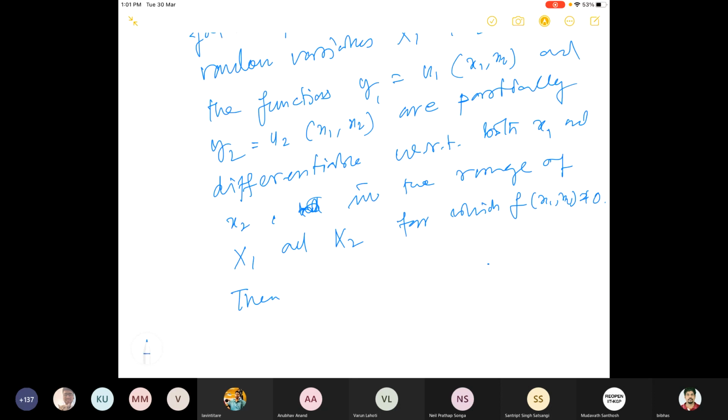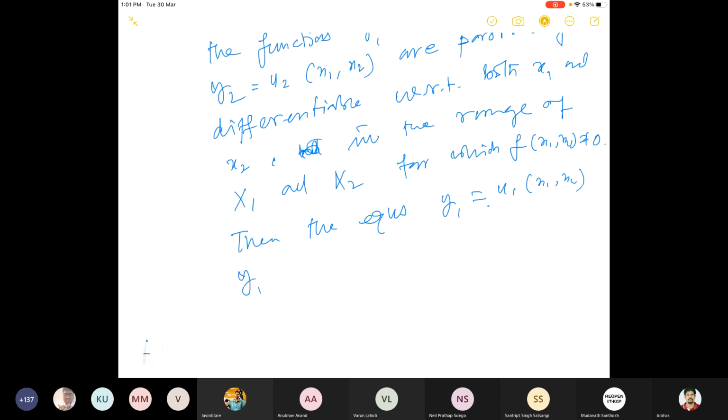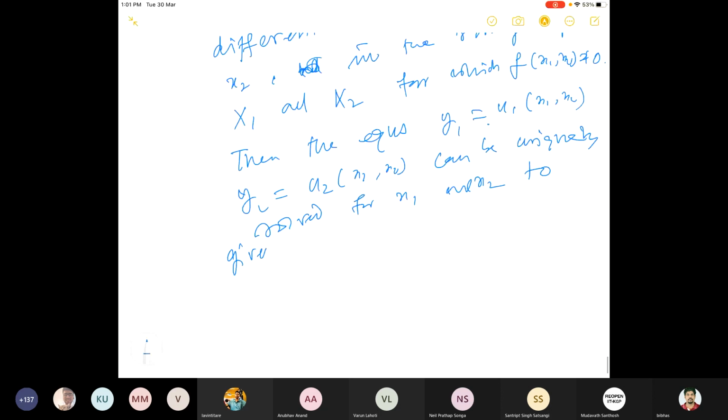The equations y1 is equal to u1 of x1, x2 and y2 equal to u2 of x1, x2 can be uniquely solved for x1 and x2, to give x1 as a function w1 of y1, y2, and x2 as a function w2 of y1 and y2.